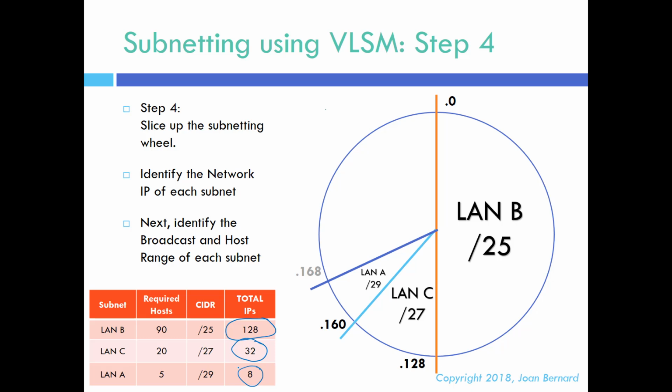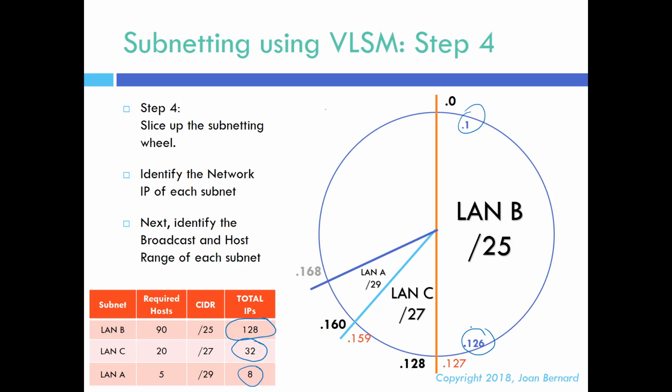So if we take a look at LAN B, the broadcast is 127. So if my broadcast is 127, the first host is going to be .1, and the last host would be .126. So those are the IP addresses I can actually assign to devices, anything between 1 and 126.